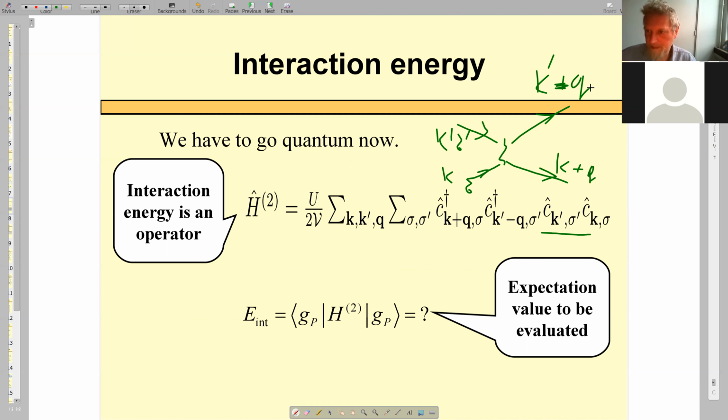So we've got an immediate technical problem. We want to evaluate the expectation value of this term with respect to our trial wave function.